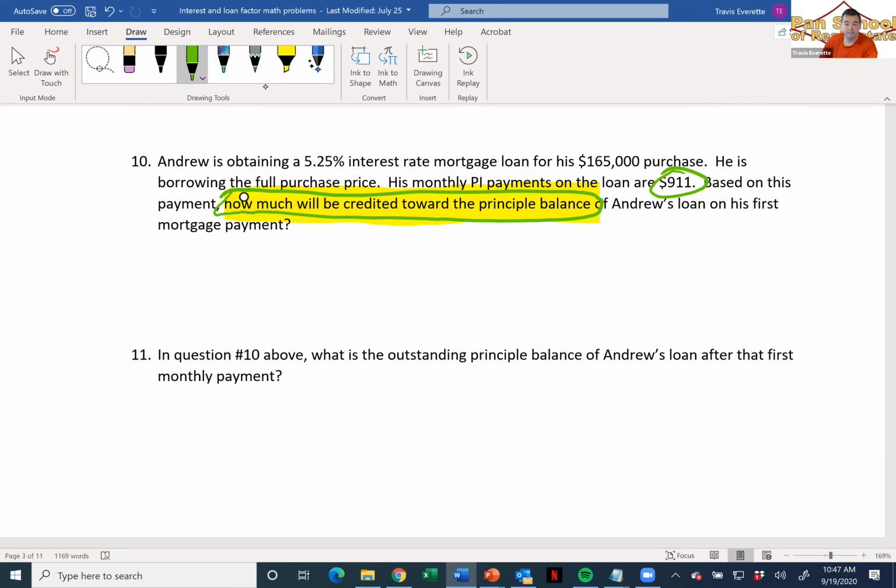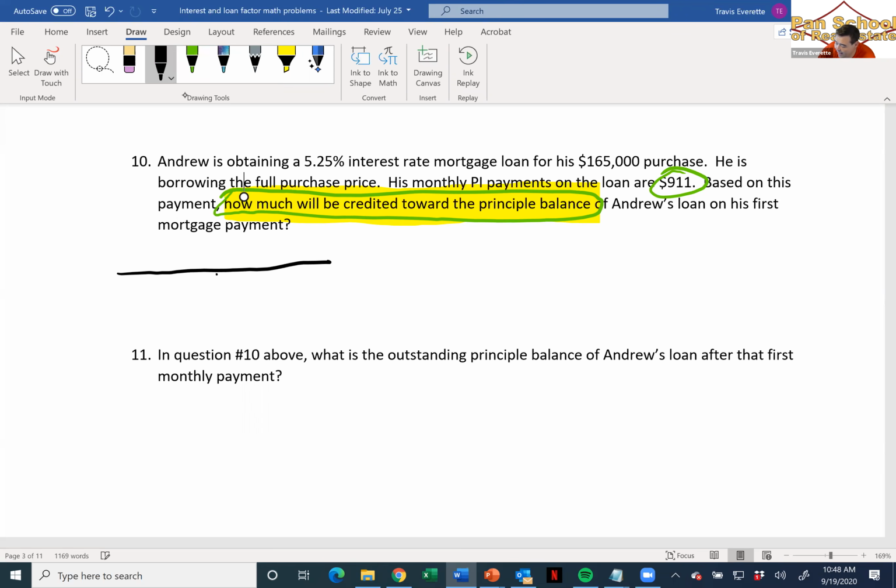If we calculate how much somebody's skimming off the top first, we can calculate what's left over after they skim it off. I like to think of the interest as being skimmed off by the bank from your payment. So let's calculate how much of that payment is going toward interest.